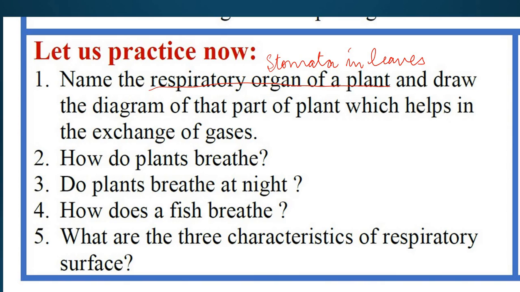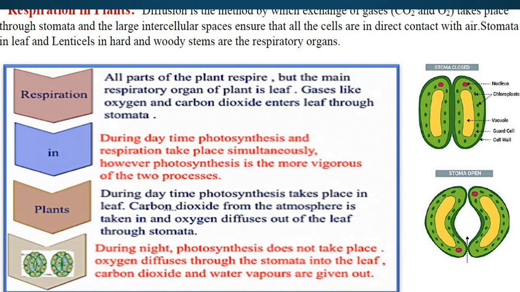Now, how do plants breathe at night? Only the description of night you have to give. Now you can write that during the night photosynthesis does not take place. Carbon dioxide and water are given out. So this is your answer number 3.